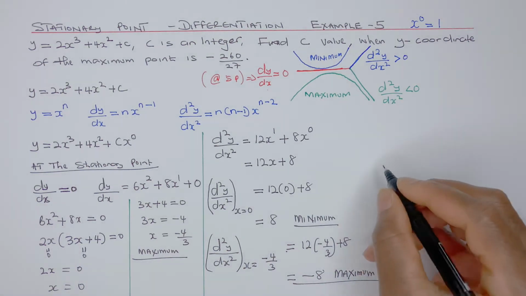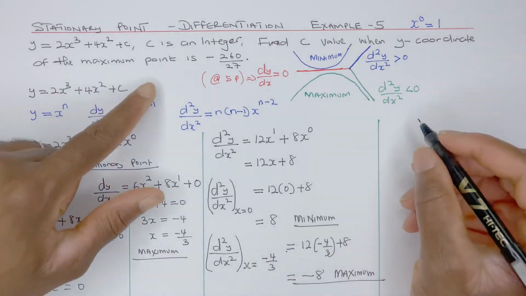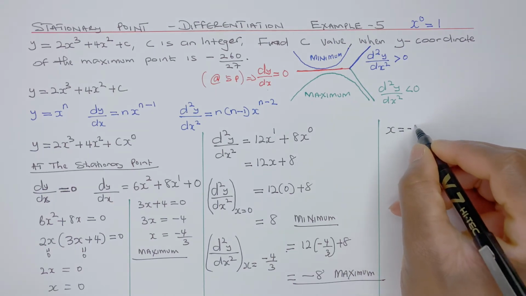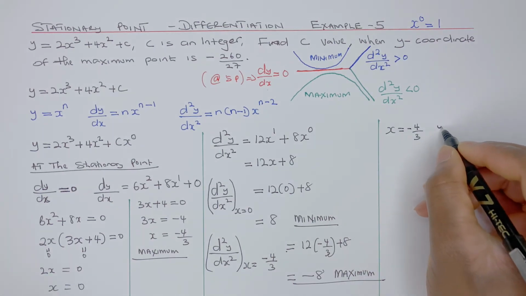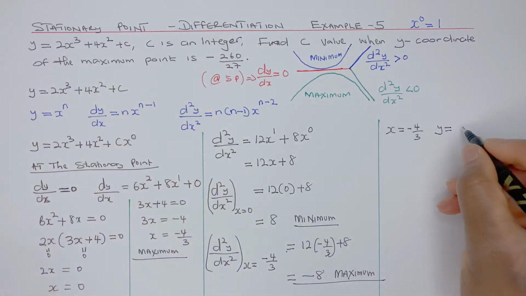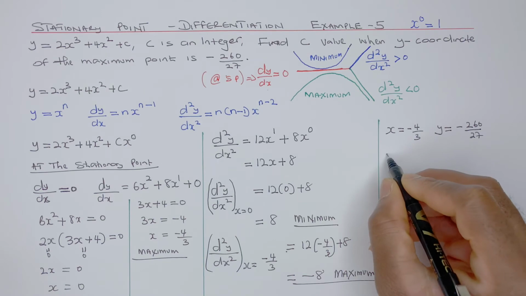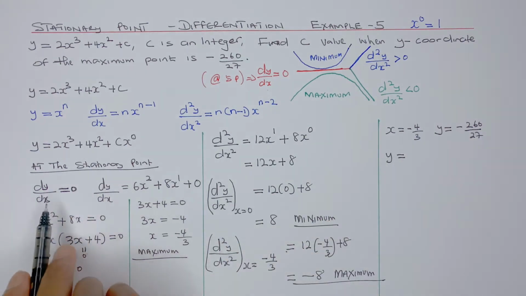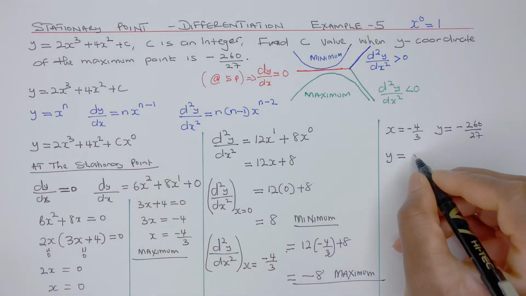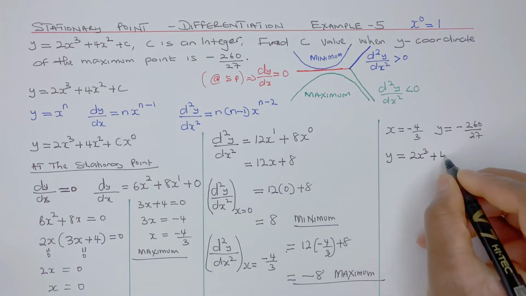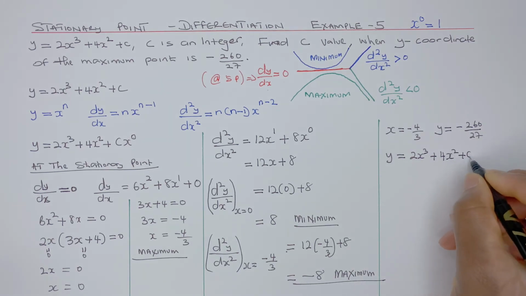So for the maximum point, the x value is minus 4 over 3, and the y value is minus 260 over 27. And we're told to find the c value. But we know from the equation that y equals 2x cubed plus 4x squared plus c.